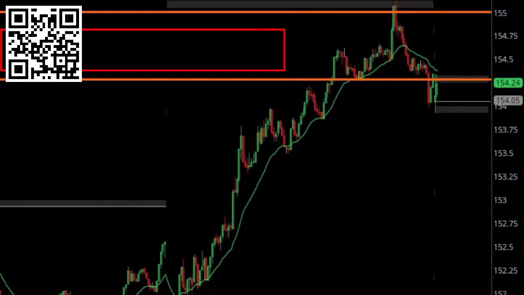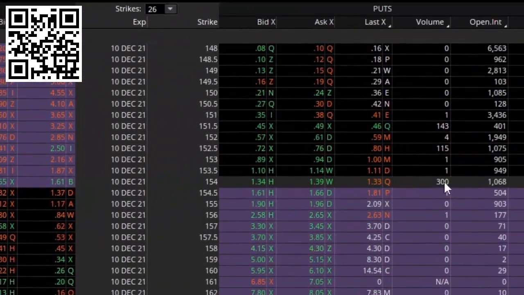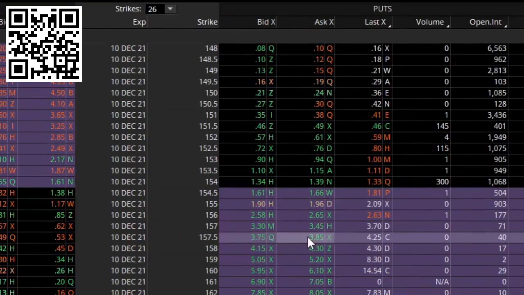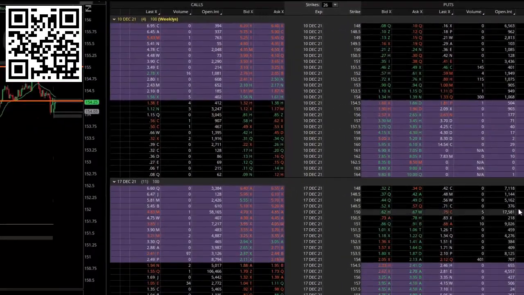But let's respect price once again. You can see here more put volume, put 154, 300 contracts right now. We have been seeing more put volume, but the price is going up, so respect price. That's why I'm not chasing. I don't like to chase. I don't see options activity and just jump in.